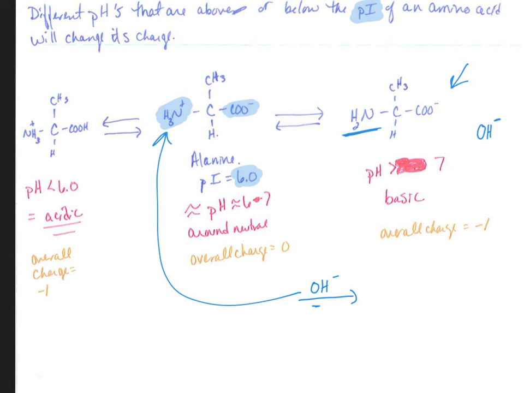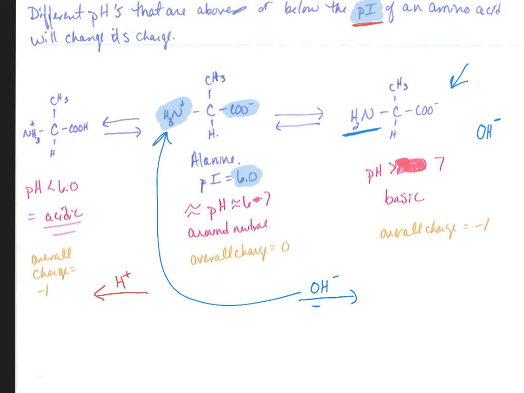Now this might be a little part of the video that you need to repeat several times, because a lot of people have a hard time sort of grasping these charges and where they come from and all that good stuff at first. And that is okay. So I want you to know that. On the other hand, as we go into a pH that's less than 6.0, or underneath where the isoelectric point is, we're going to go into a much more acidic environment. And when we do that, we're adding H+, because remember, that's what an acid is.